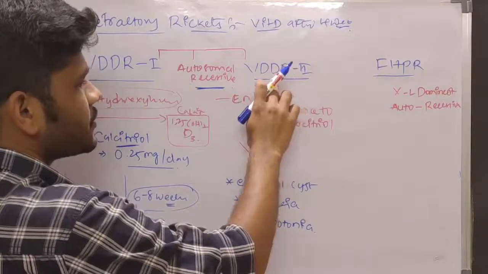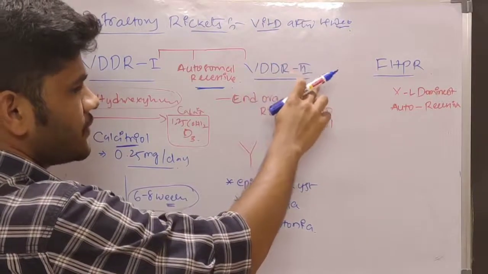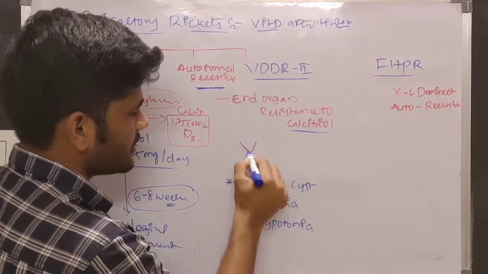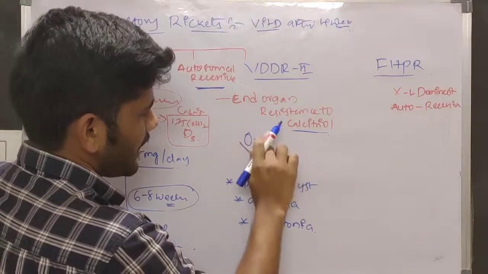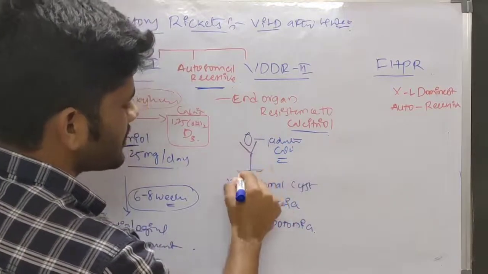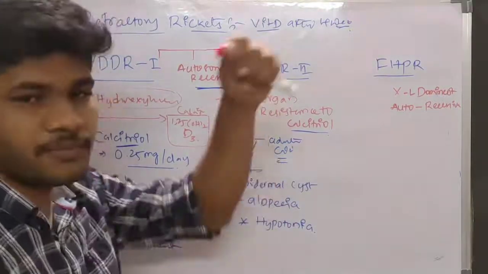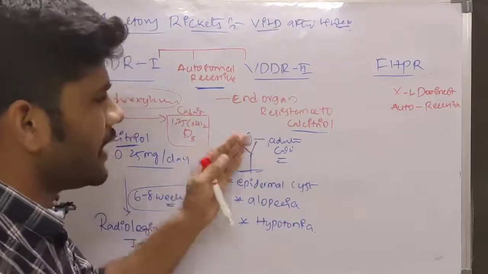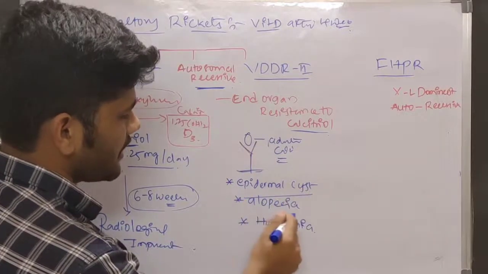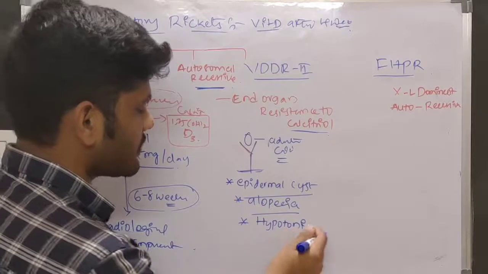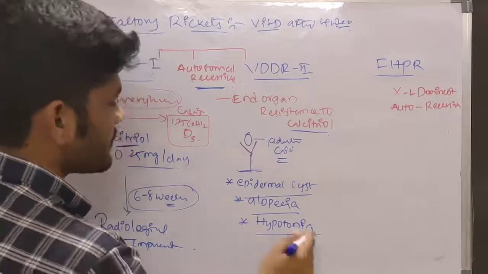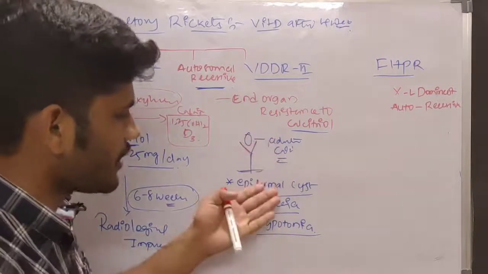In VDDR type 2, there is an end organ resistance to calcitriol. Even in the presence of an adequate amount of calcitriol, the bones are not responding to the active form of vitamin D. Also in this case, there is a high chance of having epidermal cyst, alopecia, which is hair loss, and hypotonia, where the muscles become very weak, observed along with the rickets.